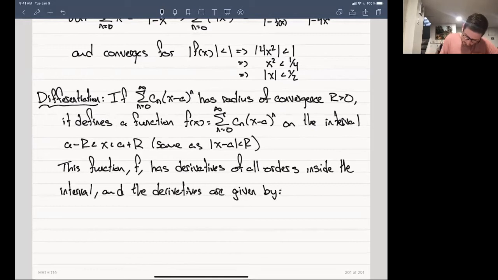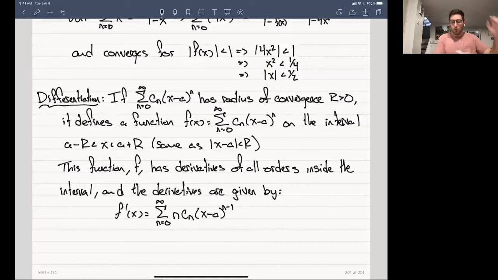well, in this case, f prime of x is equal to, you're just differentiating term-wise. So you get n times c_n times (x minus a) to the n minus 1, which I want to point something out to you. We don't need to start counting at 0 because now the first term is 0.